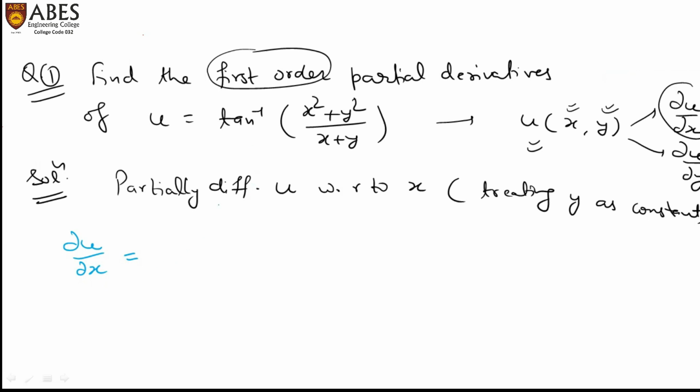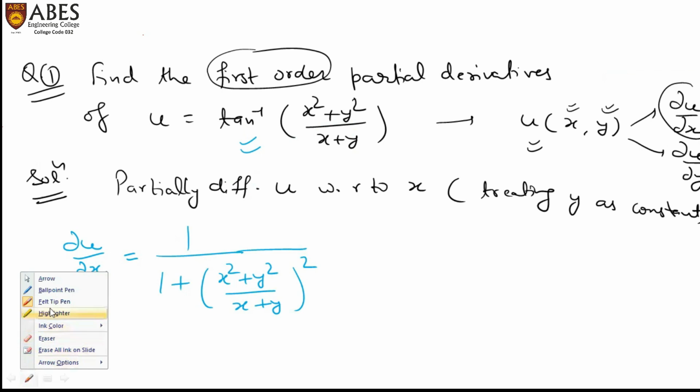So obviously the differential of tan inverse of (x square plus y square) upon (x plus y) will be 1 upon 1 plus ((x square plus y square) upon (x plus y)) whole square. And now we have to differentiate this inside function again with respect to, obviously, x, treating y as a constant.